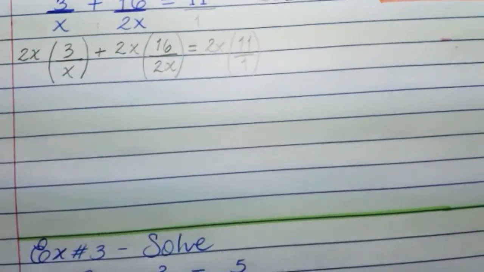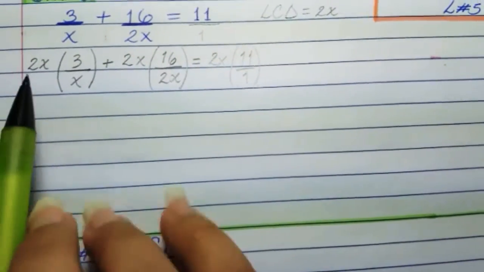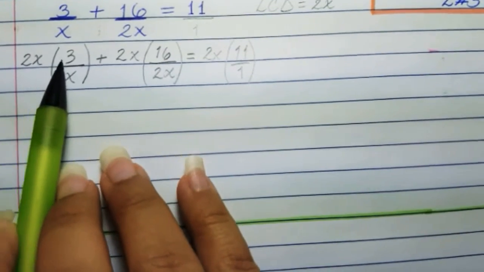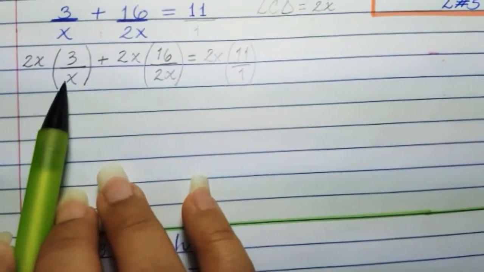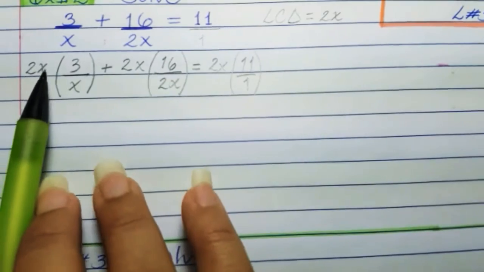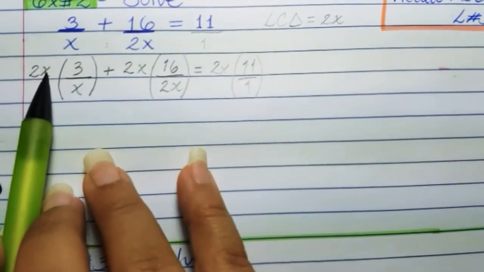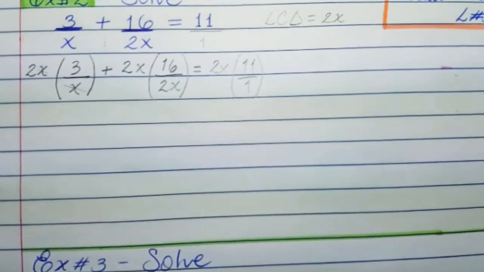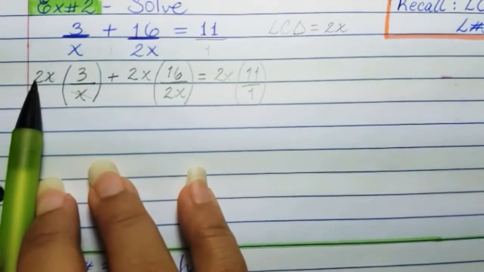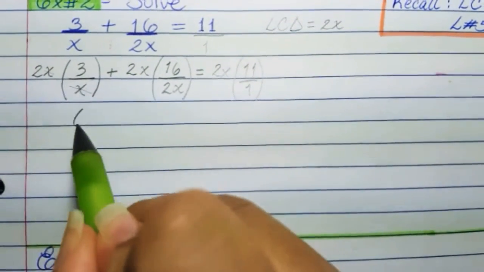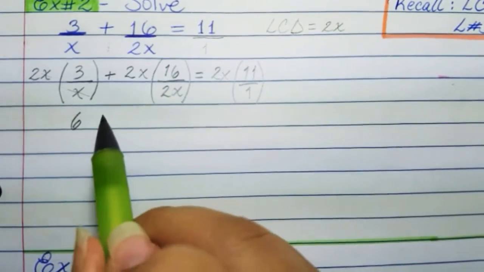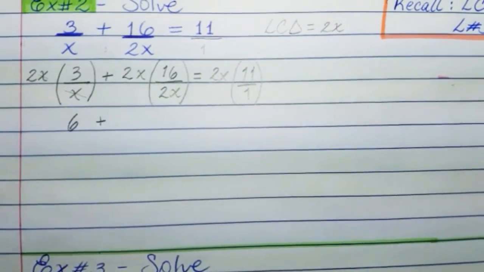Let's simplify now all of that. This is multiplying fractions, so we can cancel whatever we have in different positions. For example, this x can be canceled with this x, and here we have 2 times 3, 6. Plus, let's see that again.